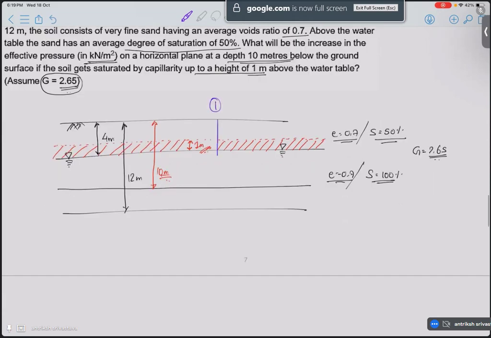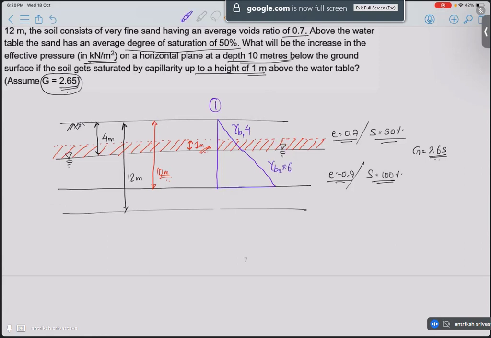So let's draw the total stress first. For the total stress above the groundwater table, the total stress will be given by the bulk density into the height. So gamma b1 into 4, right? And below the groundwater table, it will be given by the saturated unit weight or the saturated density. That will be gamma sat, or we can just say gamma b2 into 6.